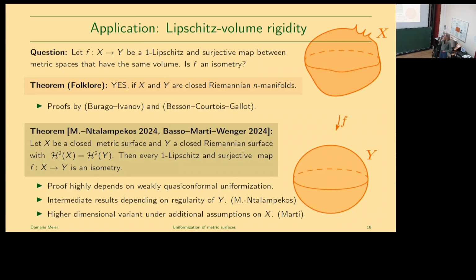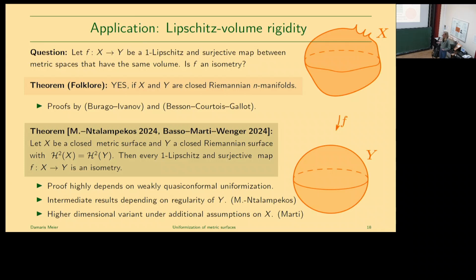But both proofs depend on the existence of a weakly quasiconformal uniformization. In the work of Damaris and myself, we also get some intermediate results, which I'll tell you about in a second. And I just want to mention one more thing.